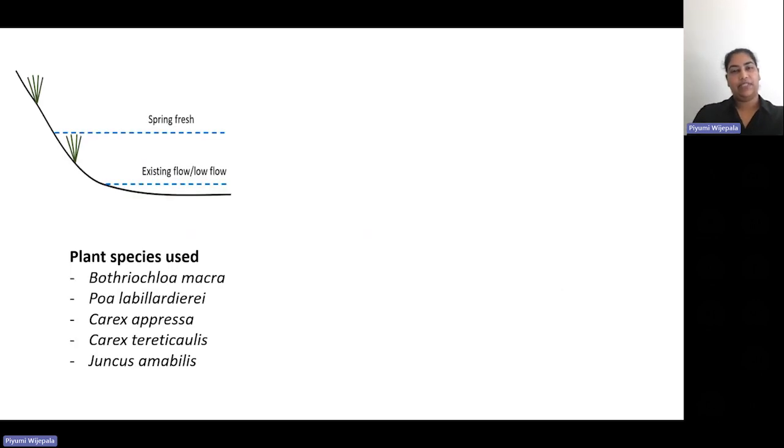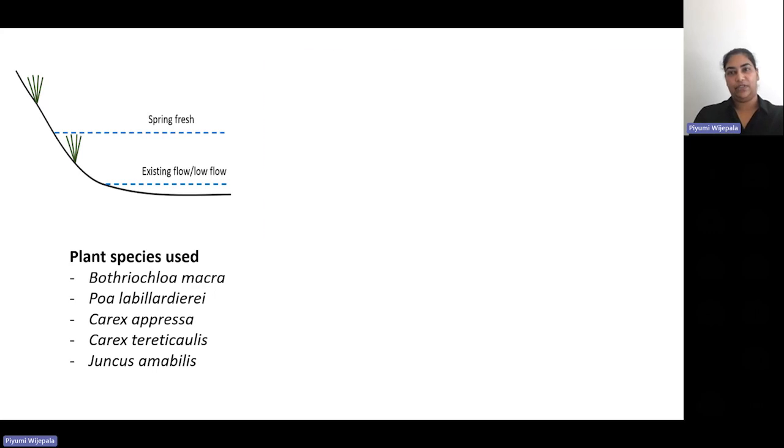In every site, we put our plants in 2 layers, one in a lower bank and one in an upper bank. We wanted to make sure that lower bank plants get fully submerged during a spring fresh event. Again, we used 5 plant species representing grasses and riparian plants.